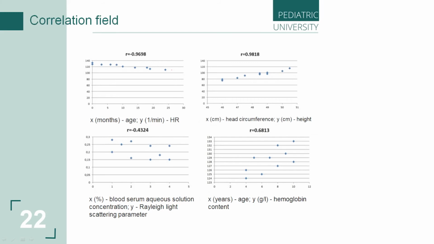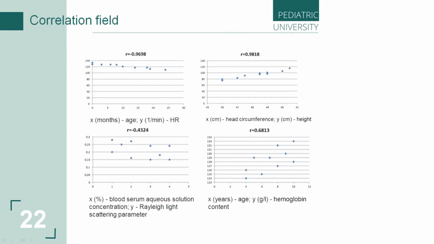In the second graph, we assume a strong positive relationship, and the correlation coefficient confirms this. It is positive, and its absolute value is more than 0.9, so we can say very strong and positive connection, because the line goes up.